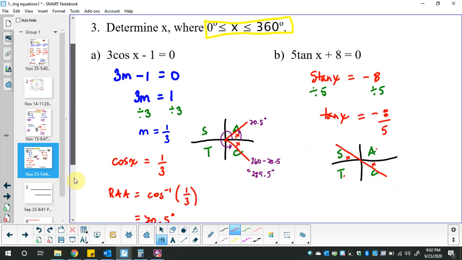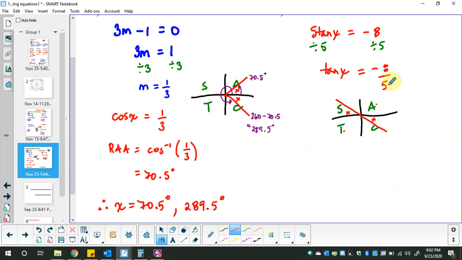So now I do my calculator work because I don't recognize this number off the unit circle. So my RAA is equal to, and there's a bit of a trick here, tan inverse, and no, I did not forget the negative.